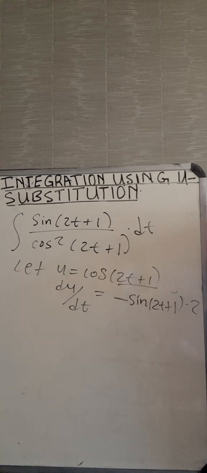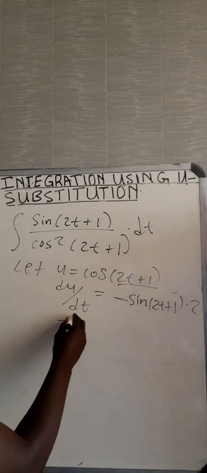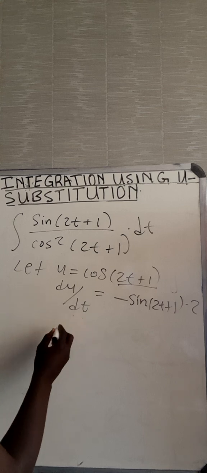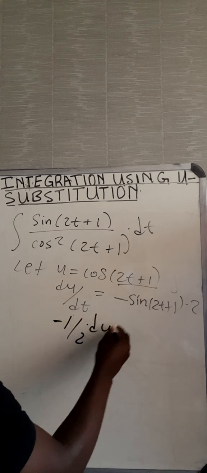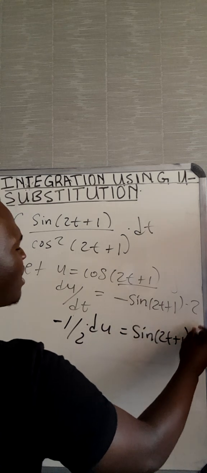Then the du will be minus 1 over 2. This will be just minus 1 over 2 du equals sine of 2t plus 1 dt.